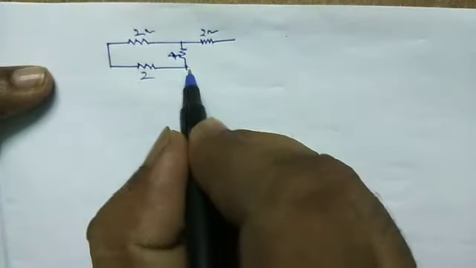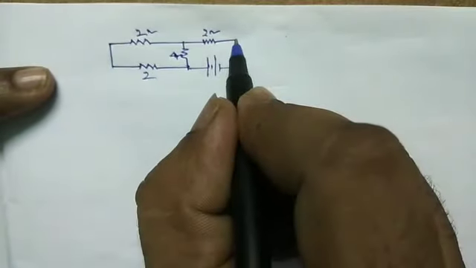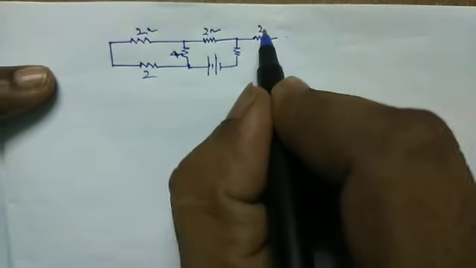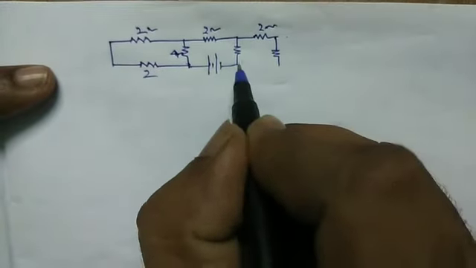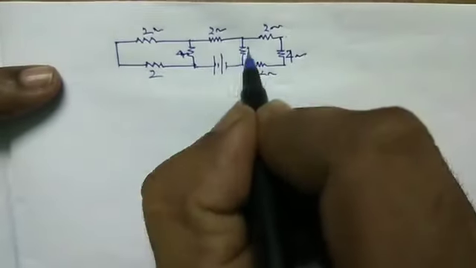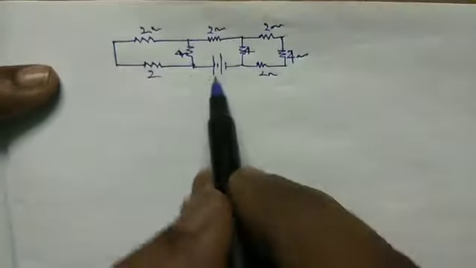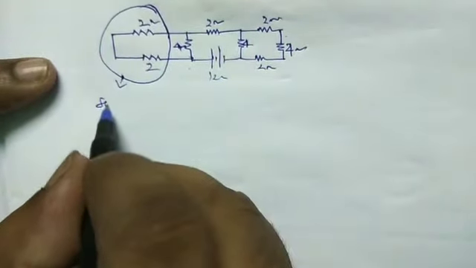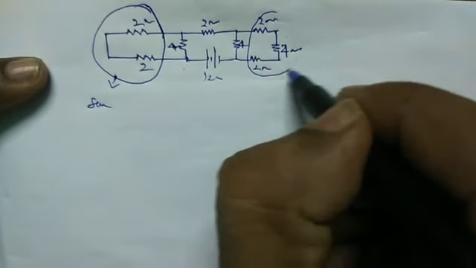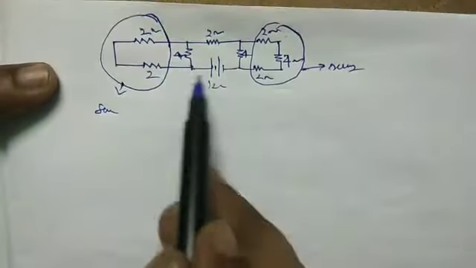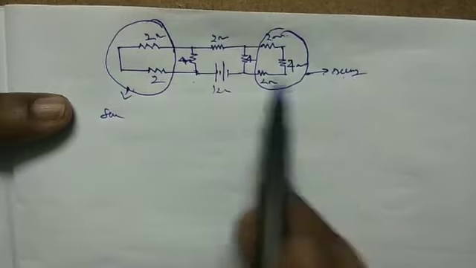This is the center 2 ohms and the battery connecting, and here also 4 ohms and 2 ohms, 4 ohms and 2 ohms, 4 ohms. Now see here, from the left side these are in series, and from the right side these are in series. Am I right?